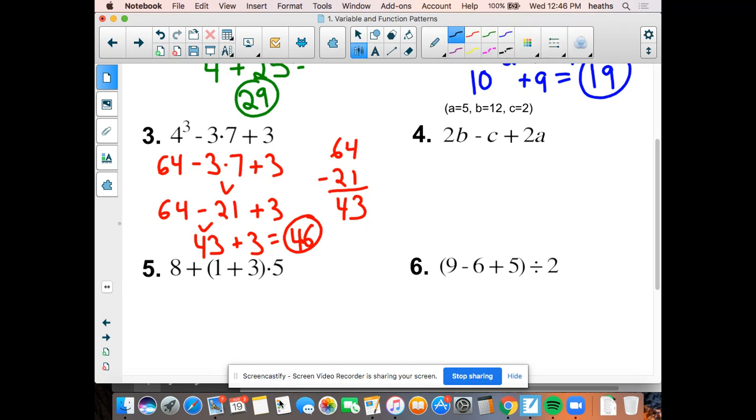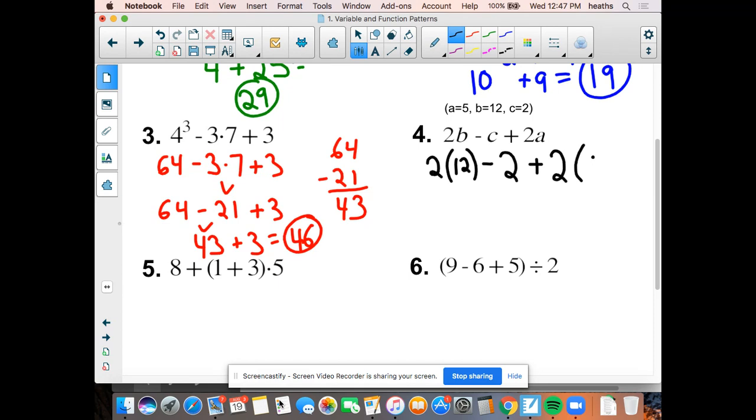Number 4, we have some variables again. 2b minus c plus 2a. Let's plug those variables in. So 2b is going to be 2 times 12, minus c. C is 2. It's minus 2 plus 2a, so 2 times a.